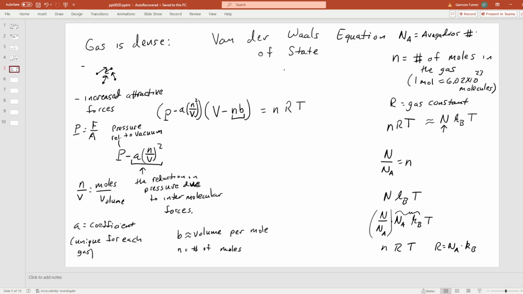And so this is the volume of your container. And this is the volume of your molecules. And so V minus b, or V minus nb, is the volume the molecules can move around in.